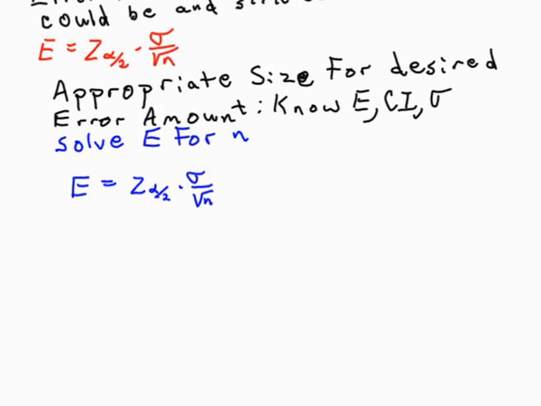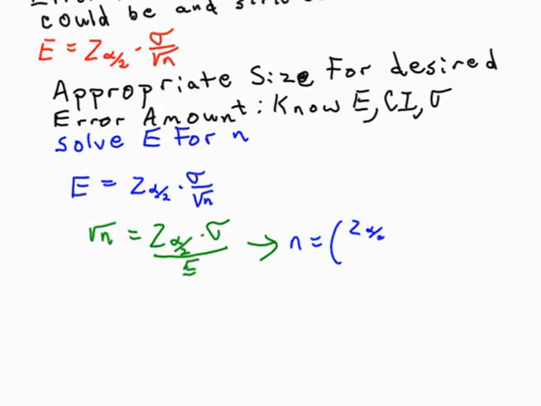If we cross multiply, square root of n equals z alpha over 2 times sigma, all of that over our error, which then says n equals z alpha over 2 times sigma over E, quantity squared. That's solving the error formula for n.